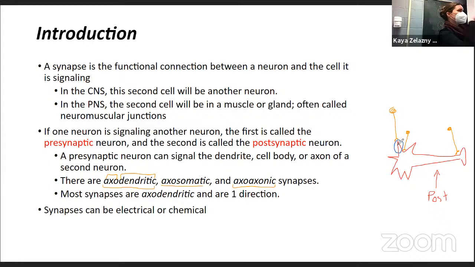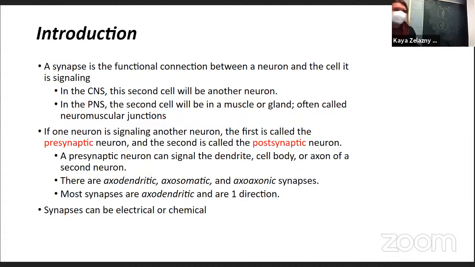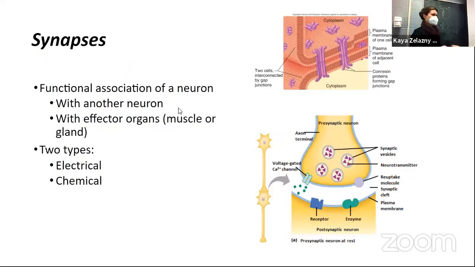So sometimes we'll see that one neuron signals and stops the next one from creating an action potential. So those are mainly the terms we talk about. We're usually talking about a chemical synapse when we talk about synapses, but we can have electrical synapses. So we're going to take a look at what the difference between the two is.